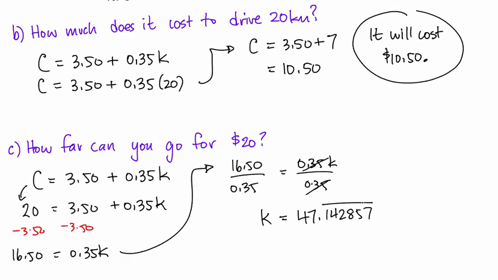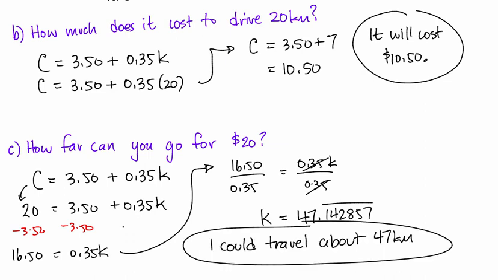And so when I write a sentence, I don't want to say that I can go exactly 47 kilometers and 143 meters. Don't do that. Just say that you could travel about 47 kilometers.